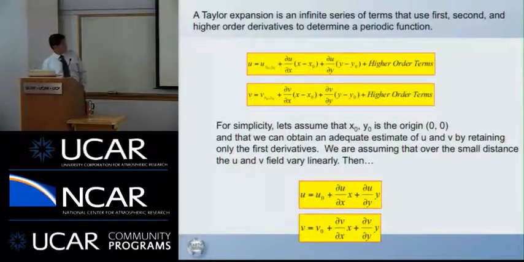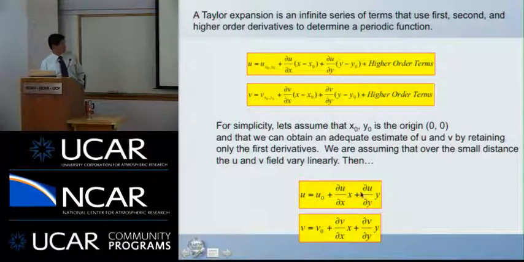Any wind field u and v in 2 dimensions can be expanded into a Taylor series. This is the 0th order term, the mean quantity. This is the first order derivative, and then higher order derivatives.